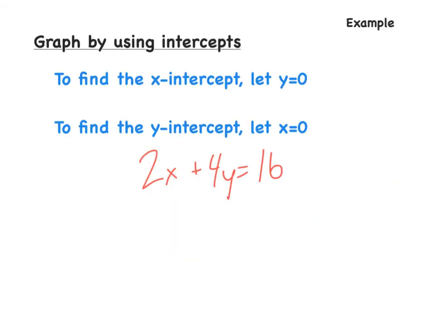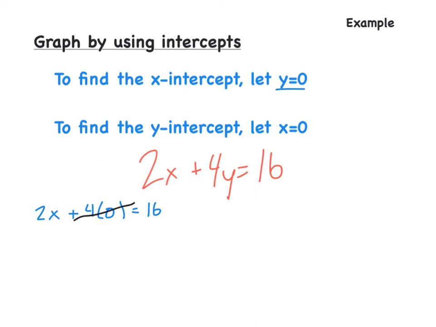Now we're going to graph by using the intercepts. To find the x-intercept, what they want you to do is to let y equal 0. So let's start off with the x-intercept first. We want y to equal 0, so we can rewrite this equation: 2x plus 4 times 0 is equal to 16. 4 times 0 is 0, so that cancels out.